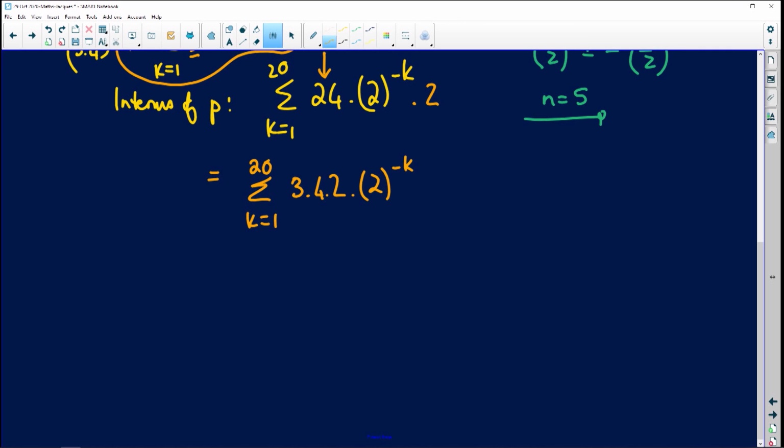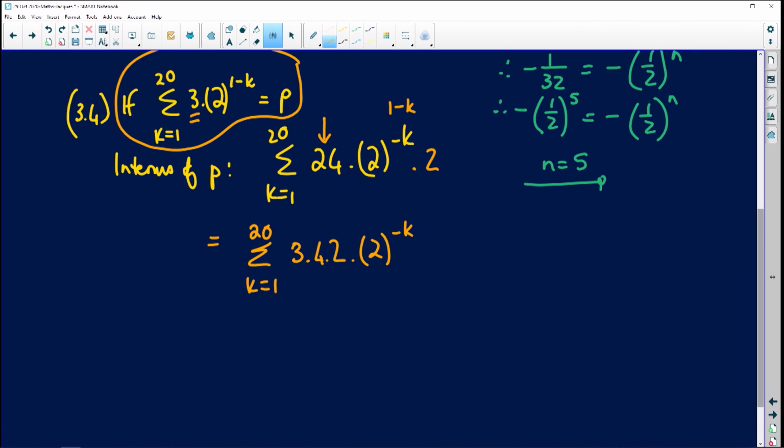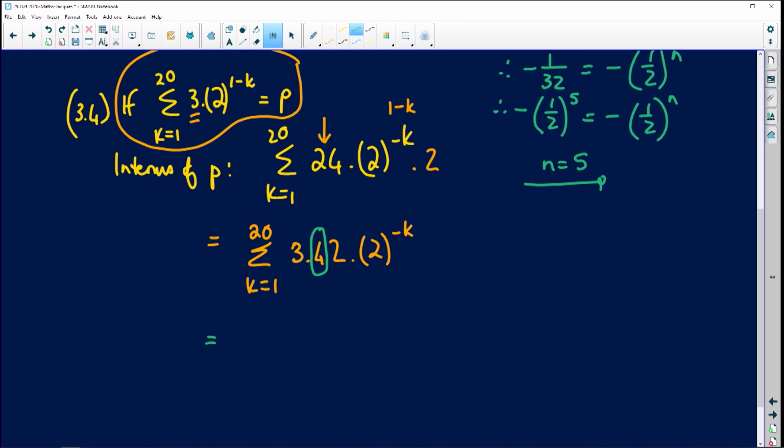Now, folks, you can see, for me to be able to use a p now, the only thing that stands in the way of me and p is this 4. But 4 is a number. All I'm going to do is remove it. I'm going to say this is 4 times that sequence, k from 1 to 20. It's one of the properties of these sigma notations. 3 times, and there I've got 2 to the 1 times 2 to the minus k, which is 2 to the 1 minus k. I've got exactly what I had over there.